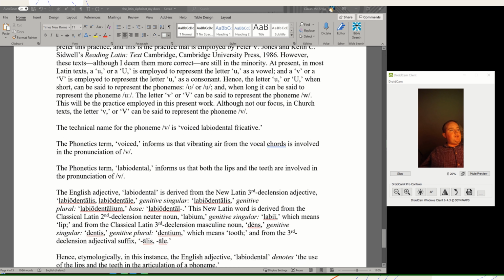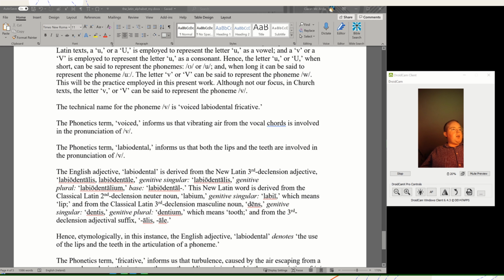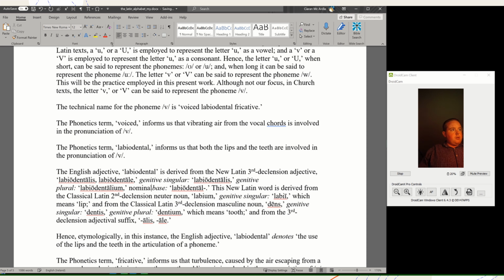The English adjective labiodental is derived from the New Latin third declension adjective labiodentalis, genitive singular labiodentalis, genitive plural labiodentalium, nominal base labiodental.